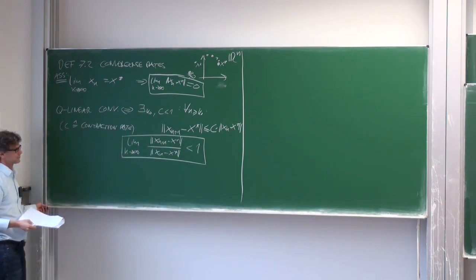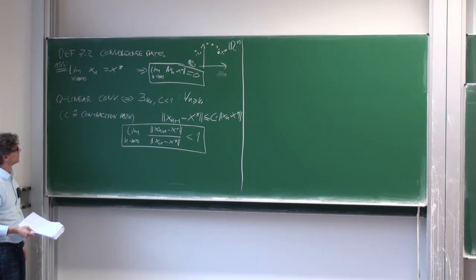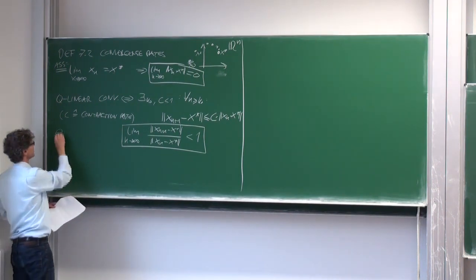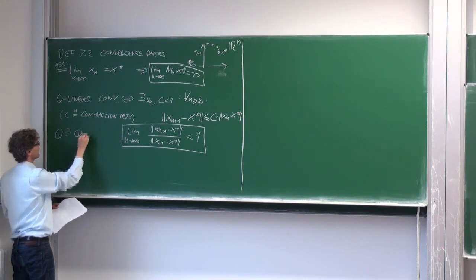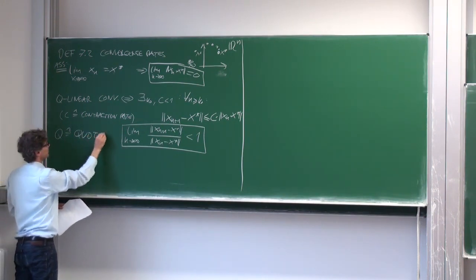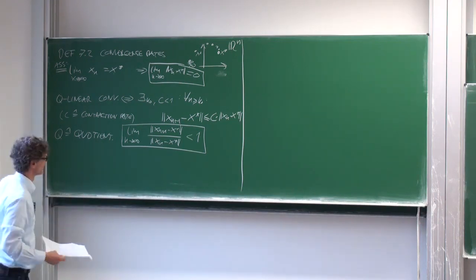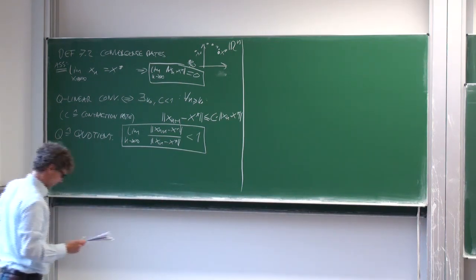So this is Q-linear convergence, and why is it called Q-linear? Because Q stands for quotient, due to this definition, because the quotient actually enters here.